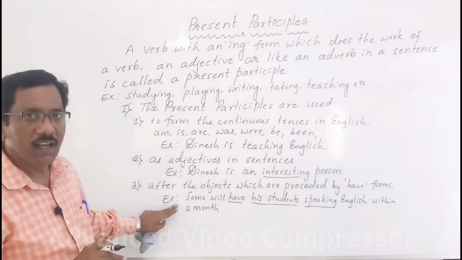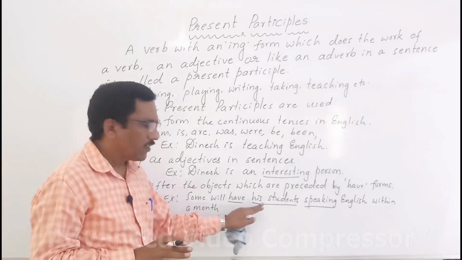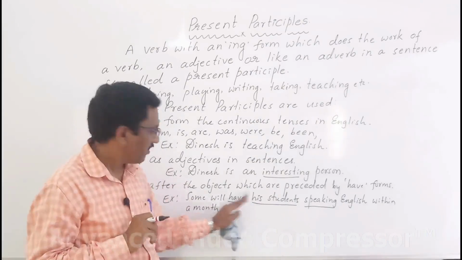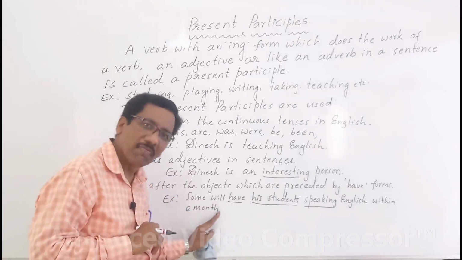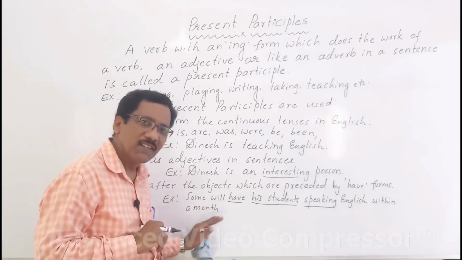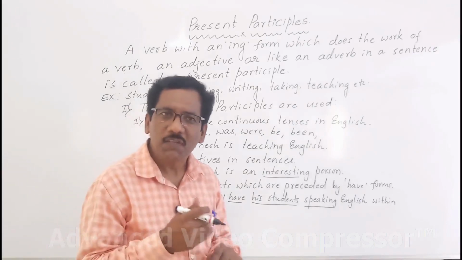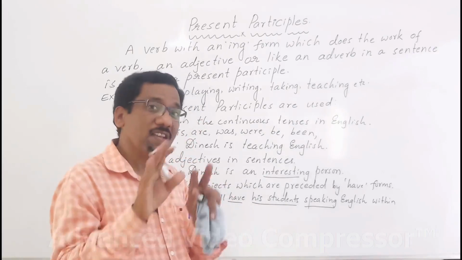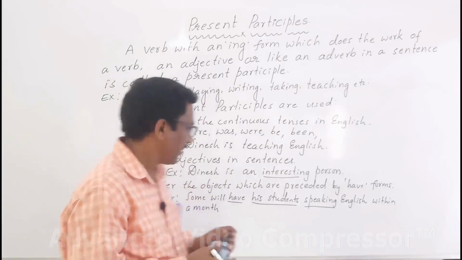It gives the meaning like, with Somu's effort, the students will be speaking in English within a month. Somu will have his students speaking English within a month. What does it mean? With Somu's efforts, his students will be speaking in English within a month. This is the meaning it gives. I am sure you got it.